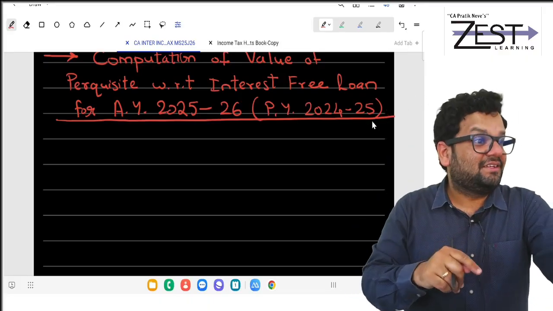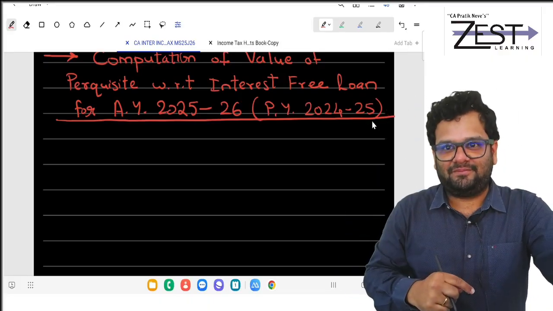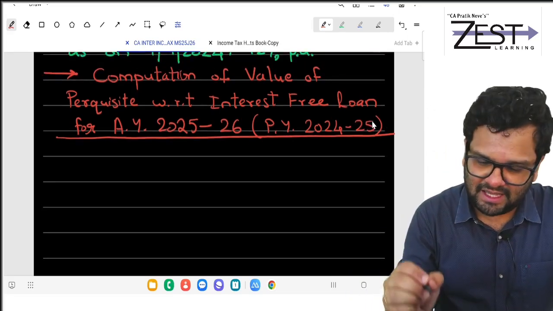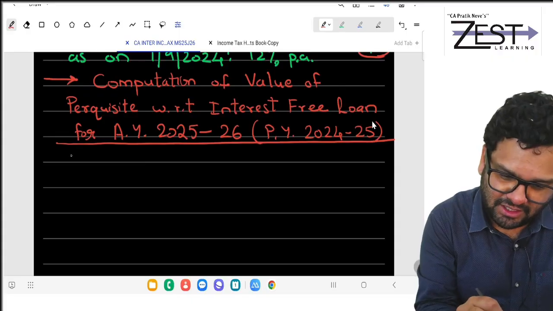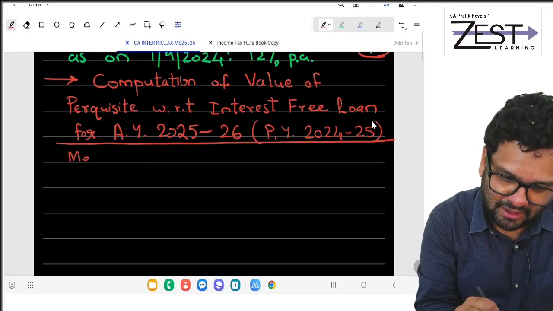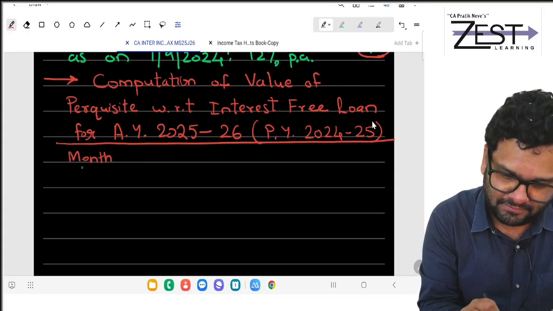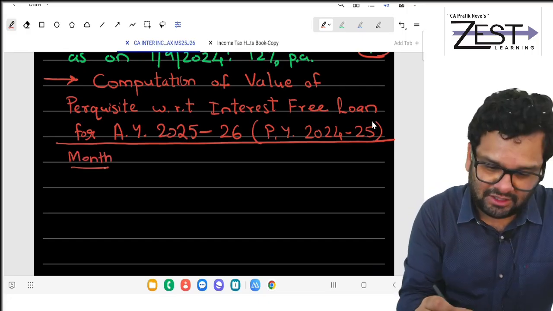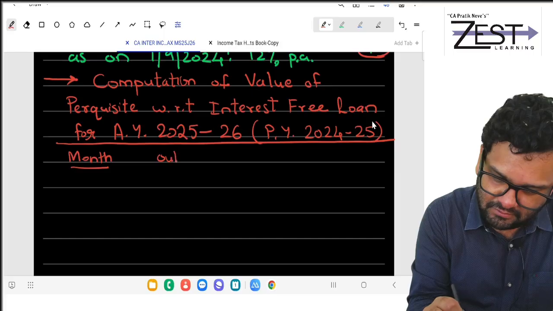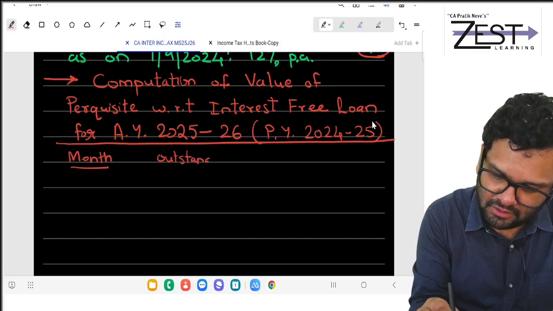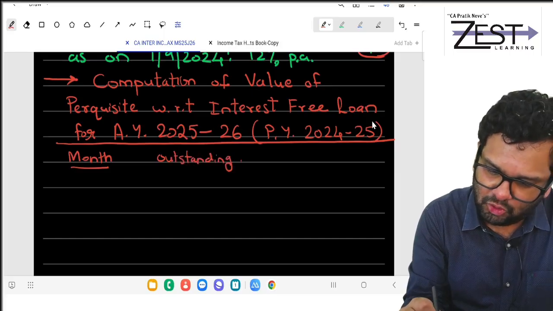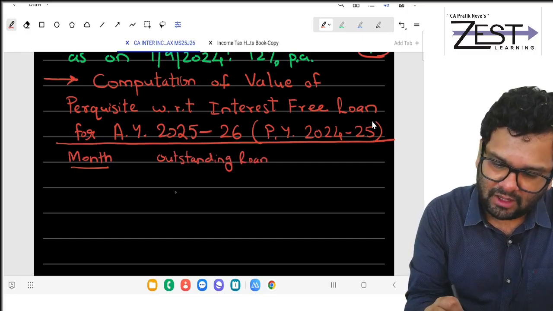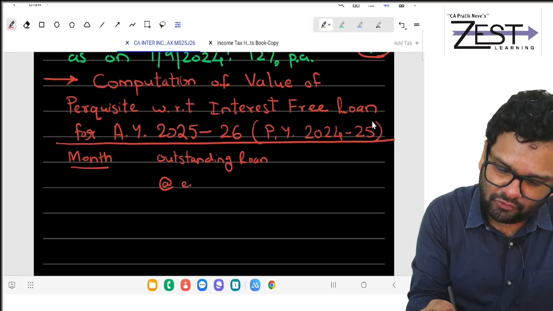7 months independently. So what I am doing now is checking monthly. For each month I am checking what is the outstanding loan at the end of each month.